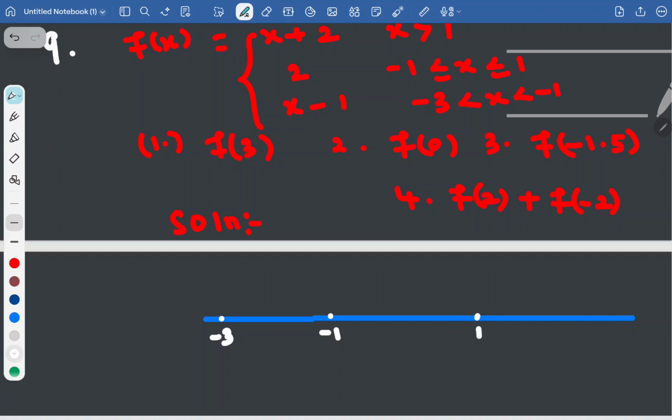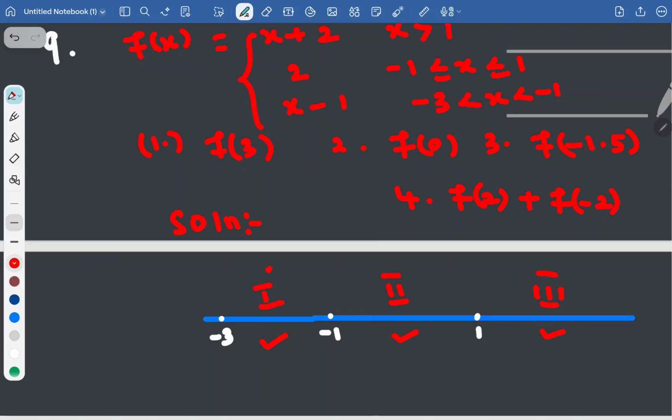Here I am having 3 intervals. This is first interval, this is second interval, this is third interval. Minus 3 less than x less than minus 1, this interval; minus 1 less than or equal to x less than or equal to 1, this second interval; x greater than 1, third interval.